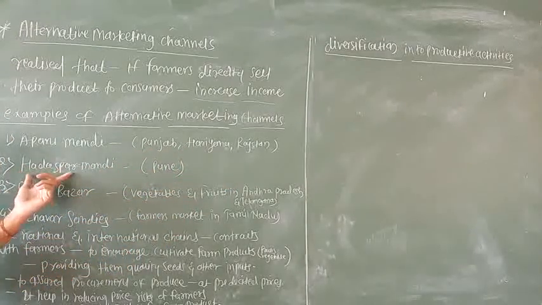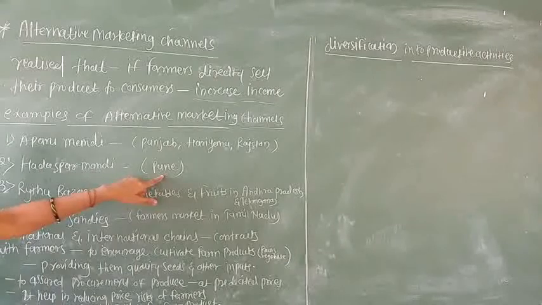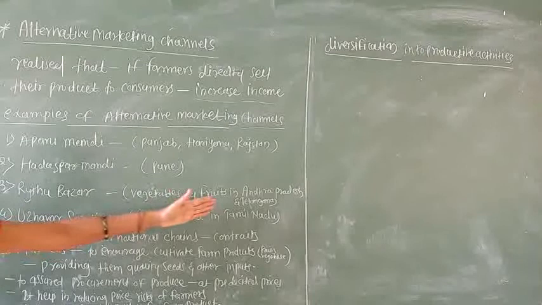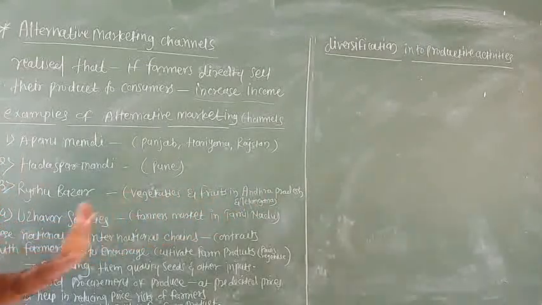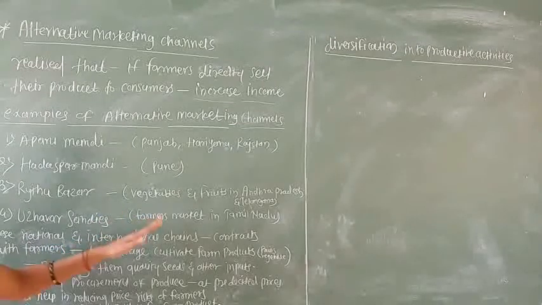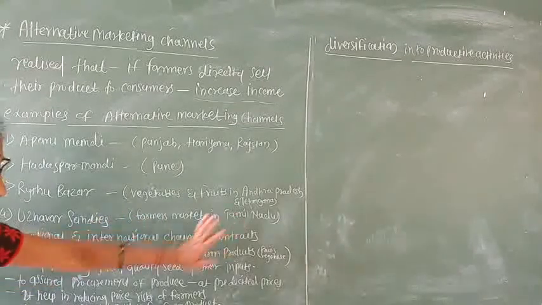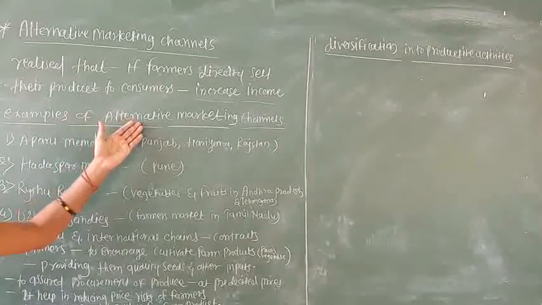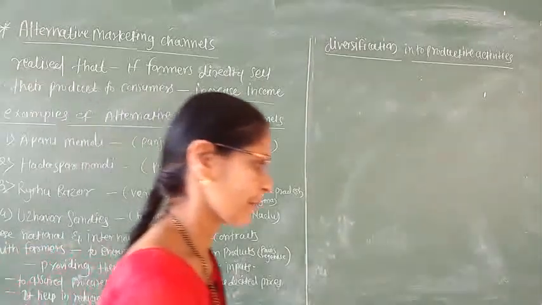Second one is Harapsar Mandi, in bracket you write Pune. Raitu Bazaar, the vegetable and fruit market in Andhra Pradesh and Telangana. And the Uzhavar Sandal, it is the farmers market in Tamil Nadu. So for 2 marks, you should write all these examples of the alternative marketing system.